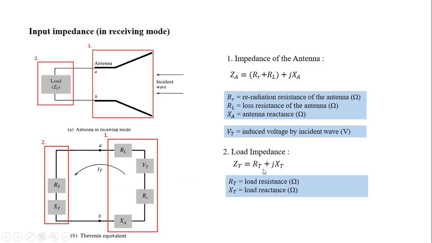You know what Rt and Xt are: Rt is the load resistance and Xt is the load reactance. So these are the input impedances of the antenna in the transmitting mode as well as in the receiving mode.